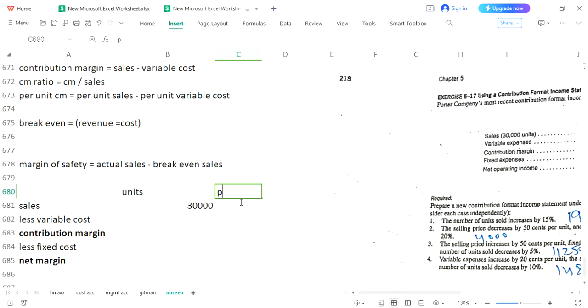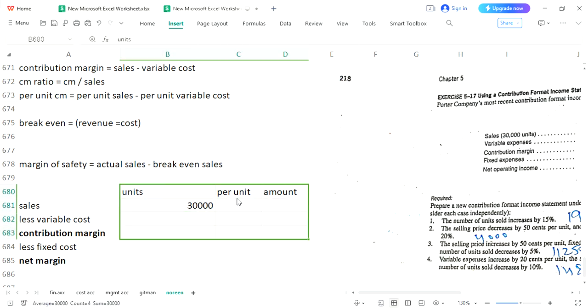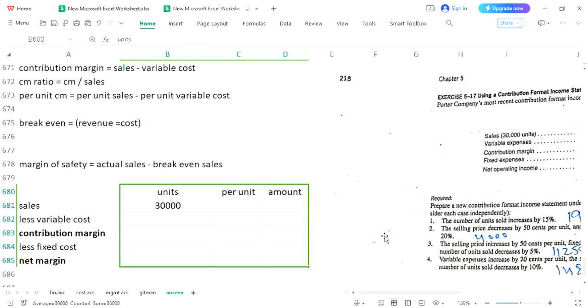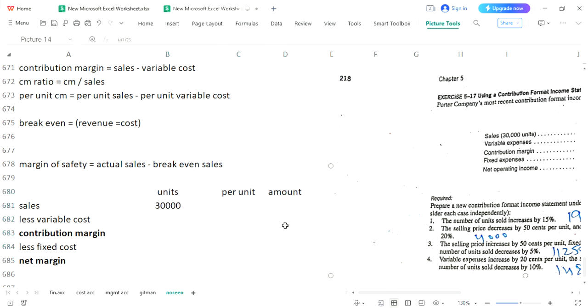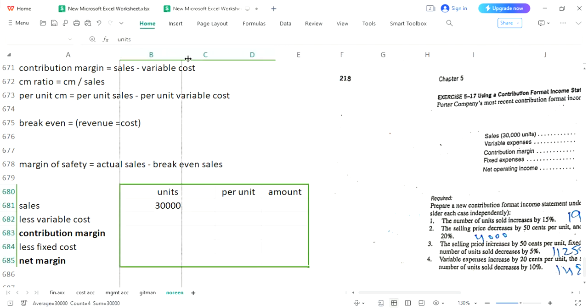So here you will be writing per unit cost, and next would be amount. Within this you can put your values. We are writing the old statement because without its reference you won't be able to get the perfect view. So we have units, per unit, and amount.